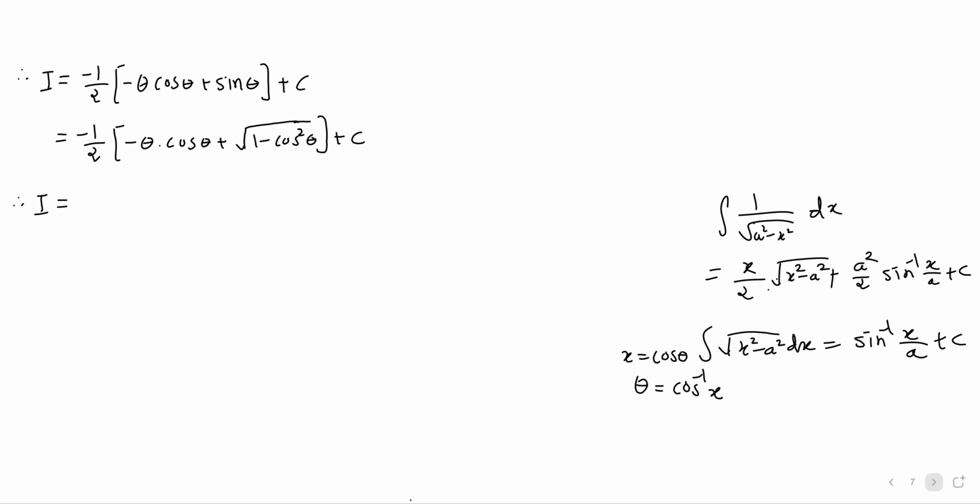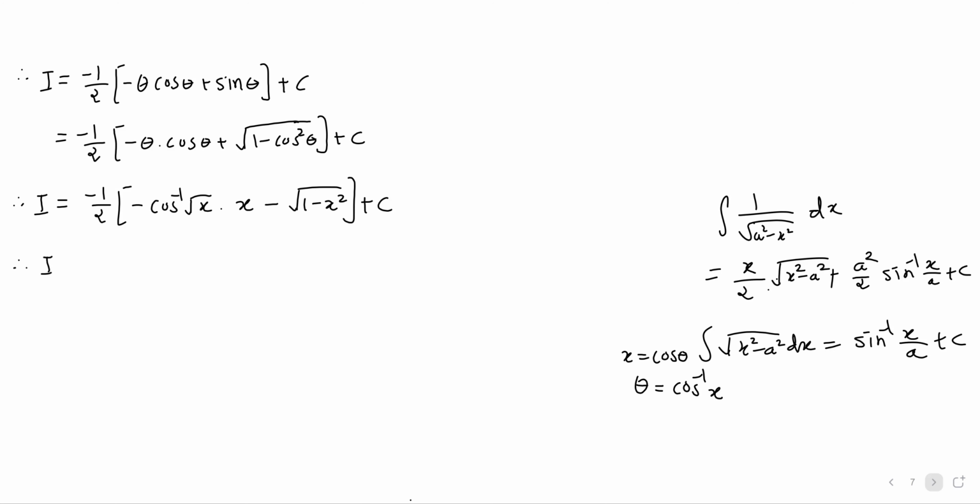Therefore, I is equal to minus 1 upon 2, minus theta, cos inverse x, cos theta x, minus under root 1 minus x square plus c.